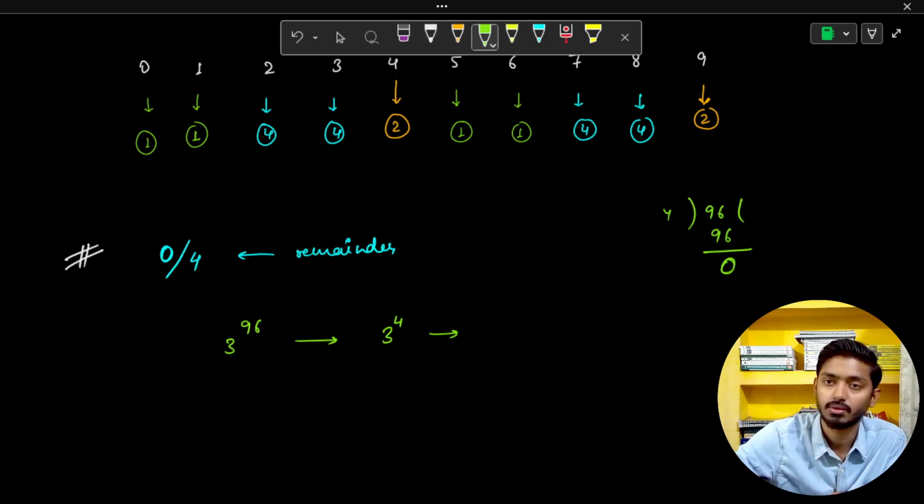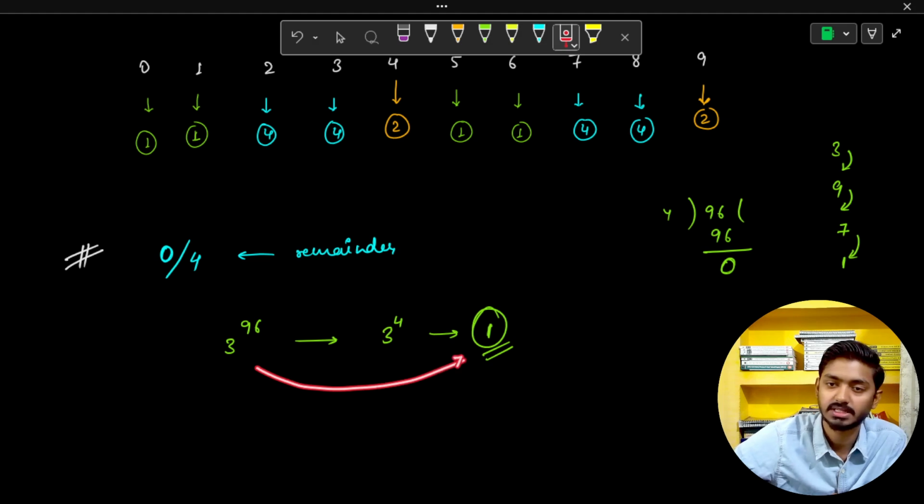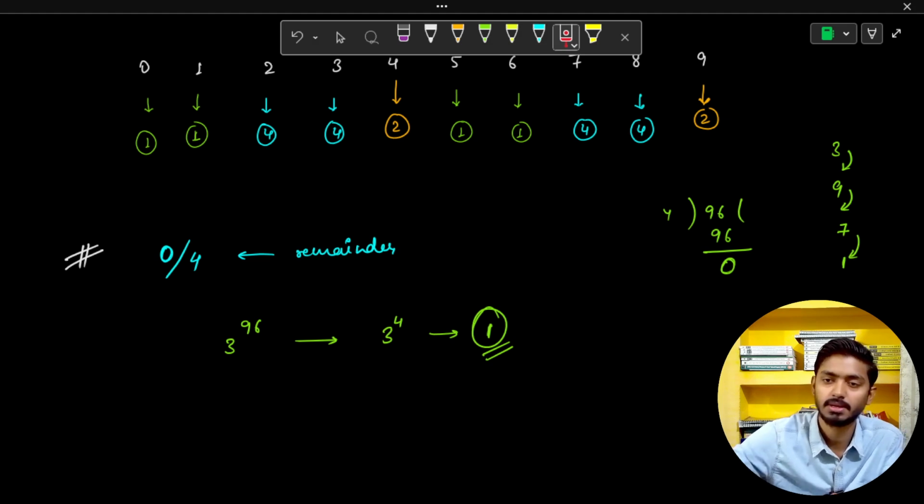It starts with 3, multiply 3, 9, multiply 3, you get 27, just write 7. Again multiply 3, you get 7 3s are 21, 1 as your unit digit. That is your answer. Unit digit for 3 to the power 4 as well as 3 to the power 96 is 1. Simple as that.